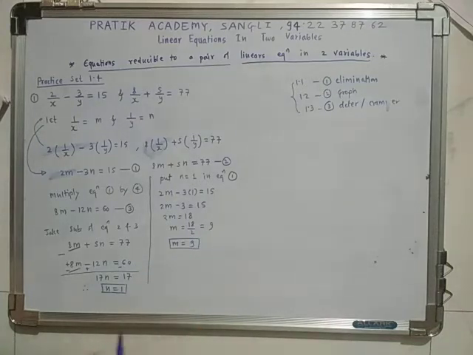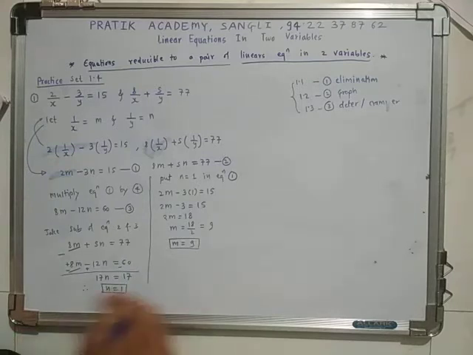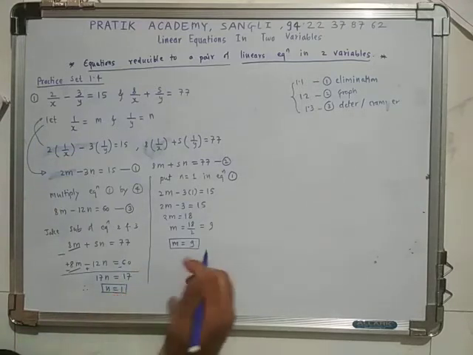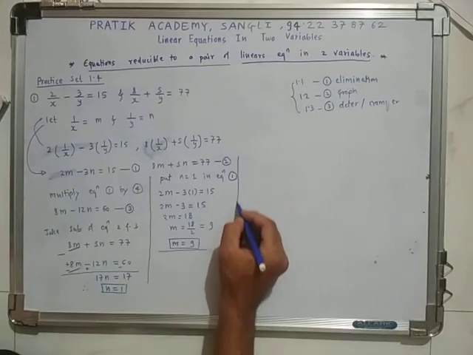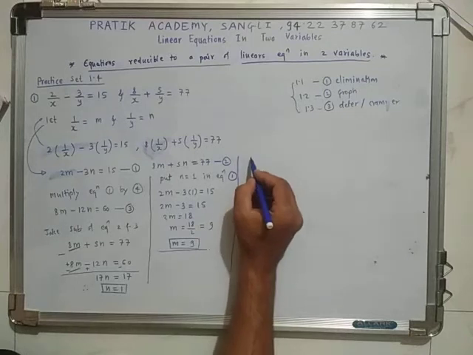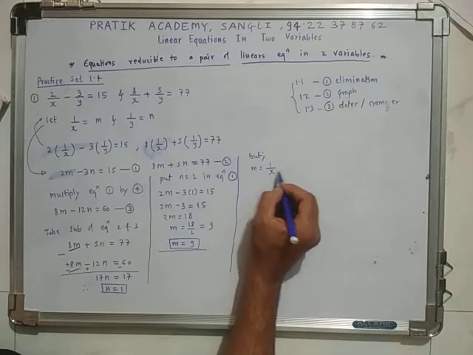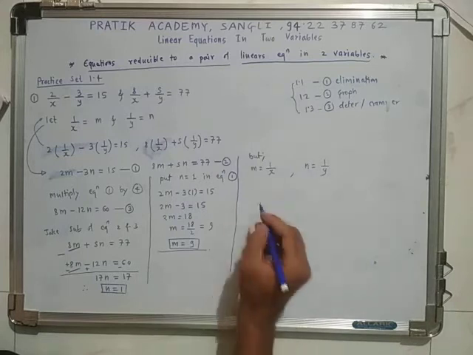Okay, so we get the values of m and n, but the original variables are x and y. So the problem is not complete here. This is an incomplete problem right now, and for completing it we use m is equal to 1 upon x and n is equal to 1 upon y.